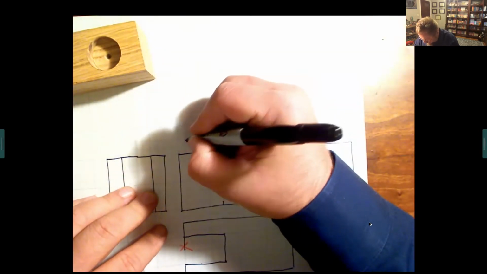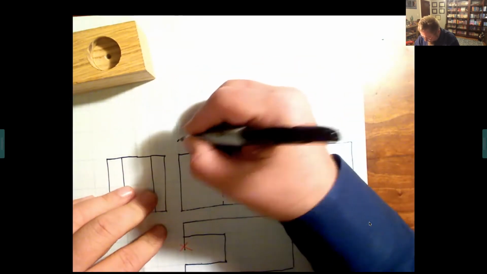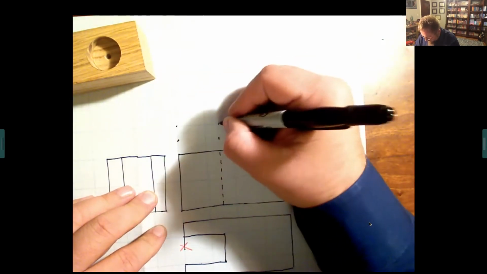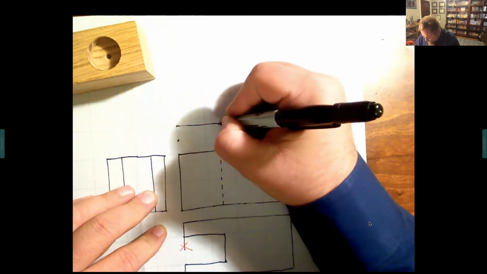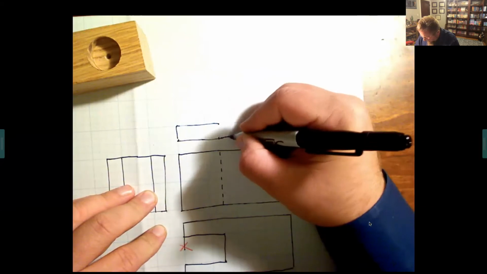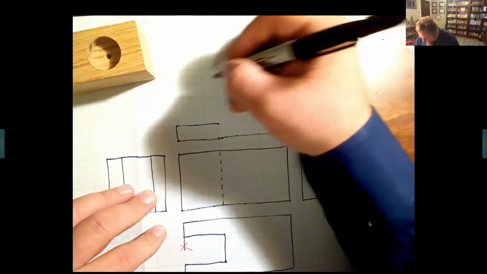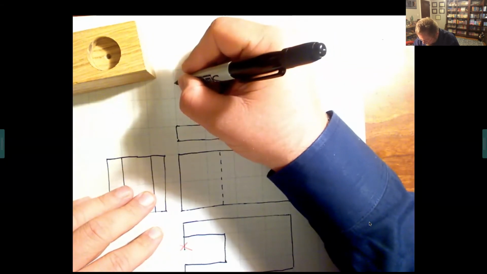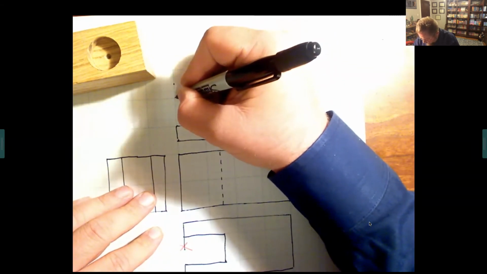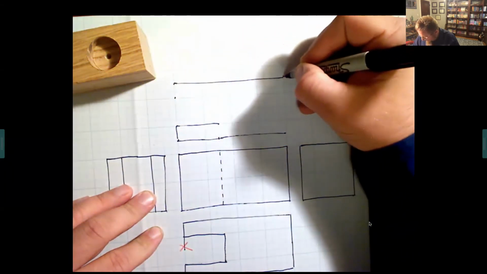So I'm going to have a point here. It's going to go from here to here, to here, to here. So that represents like the one edge of that opening. And then I've got my from here to here. This is coming all the way down here.